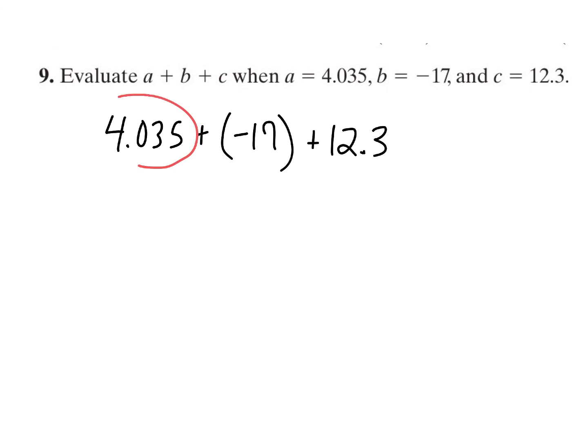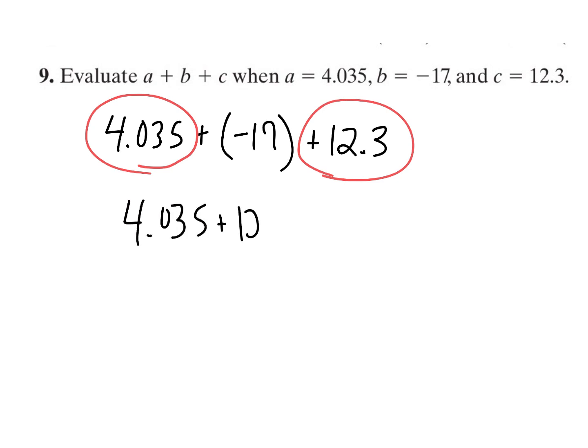So what you may want to do is look for anything that's the same sign, and you can rearrange it if that's helpful to you. Because the idea is, let's add all our positives together, let's add all our negatives together, and then we'll have kind of the final battle between them to see how it turns out.